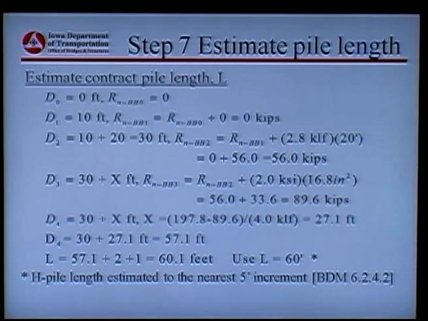The required length, including the end bearing, is 57.1 feet, plus 2 feet of embedment, plus 1 foot of cutoff. The total contract length required is 60.1, and we'll say 60 feet as our contract length.